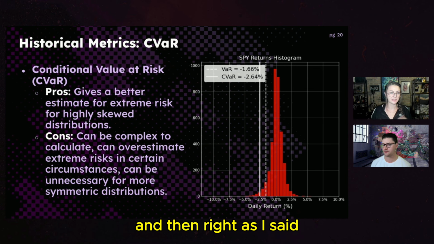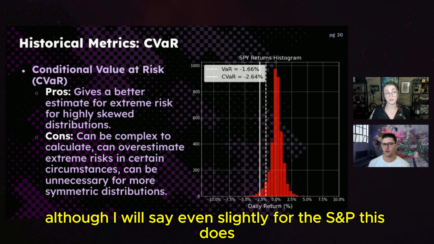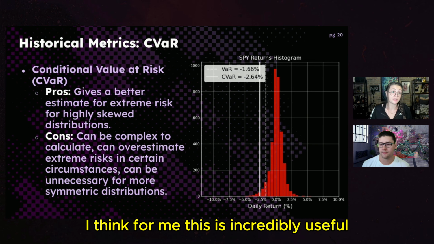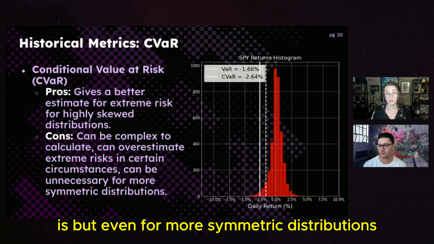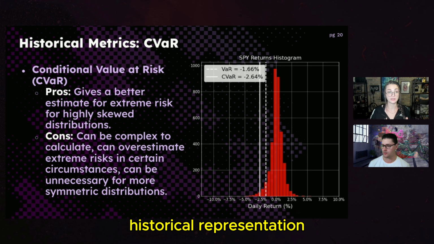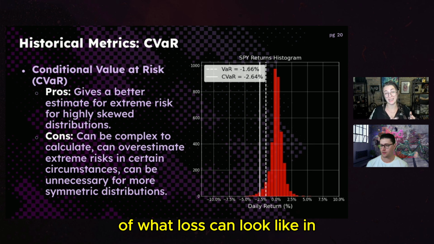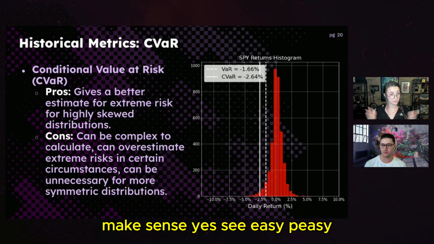And as I've said, this can be a little unnecessary for more symmetric distributions, although even for the S&P, I think this is incredibly useful. I think it's more useful the more skewed your distribution is, but even for more symmetric distributions, it gives you a really good historical representation of what loss can look like in potentially detrimental situations. Make sense? Yes. See, easy peasy.